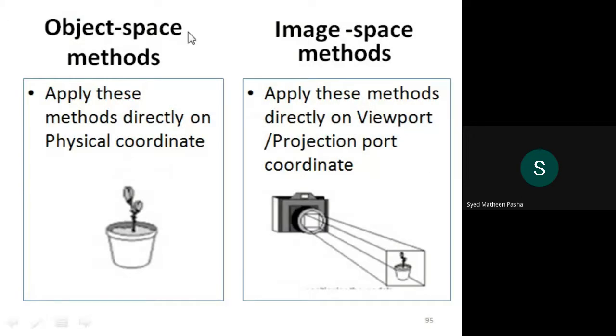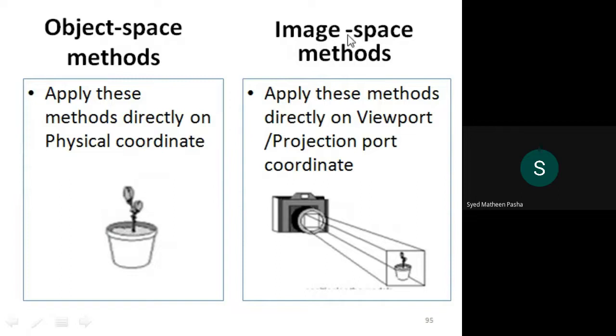Check out the examples with respect to the object space method as well as the image space method. In the object space method, it applies the methods directly on the physical coordinates. That is, if there is a plant, it is considered as an object. The visible surface detection algorithms are directly applied on the physical coordinates of this particular area.